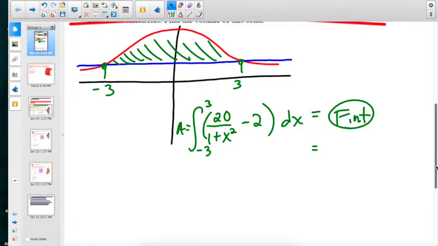Okay. Bless you. 126. That needs to be in brackets. Denominator needs to be in brackets.